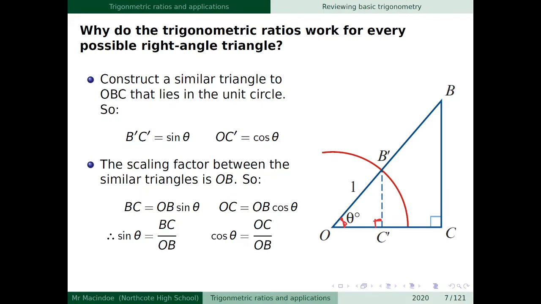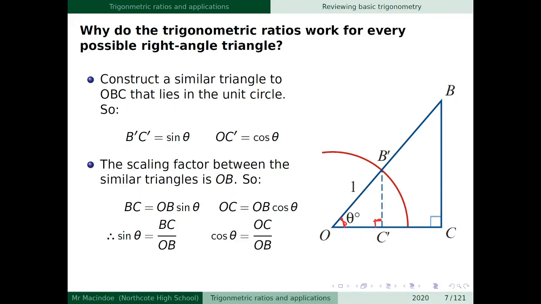or AAA. And so that means that if I know the scaling factor of how much bigger the triangle OBC is to OB'C', then I can just multiply side lengths of the smaller triangle by that scaling factor, and I will get the size of the other one's corresponding side, right? So in terms of getting the scaling factor, it's just the ratio of any two corresponding sides.